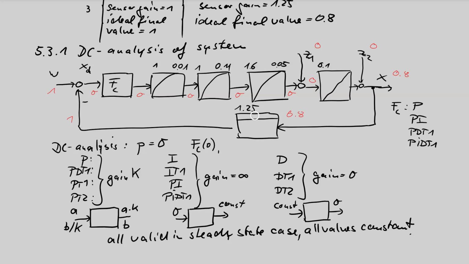Responsible for this 0.8 is the gain of the sensor. Of course, we have to know the sensor gain because this is maybe an electrical value, a 1 volt signal, and only the sensor knows which physical value causes this 1 volt. Normally, we like sensors which have a constant factor of 1 or 10 or 0.1, so that we can by head convert the voltage of the output of the sensor into physical values, say degrees centigrade or position values in meters.